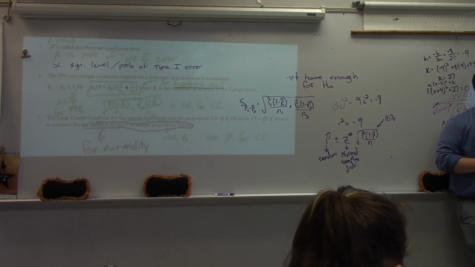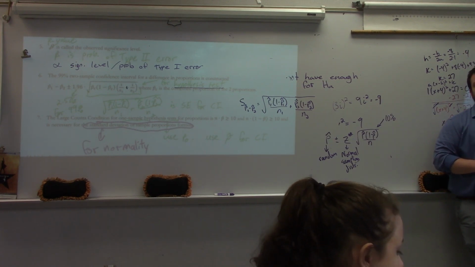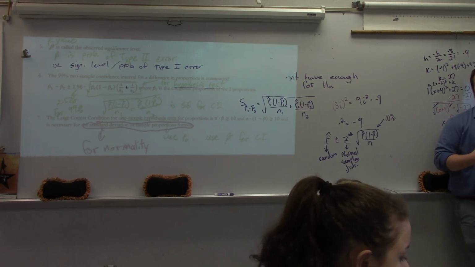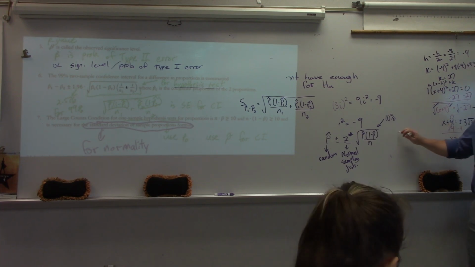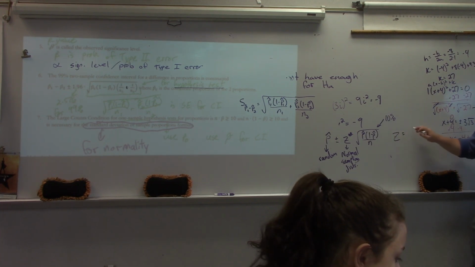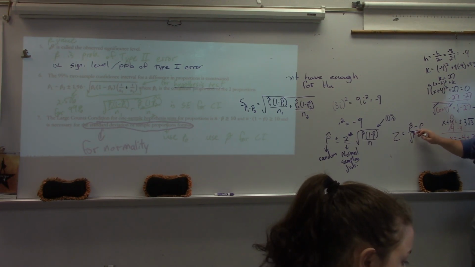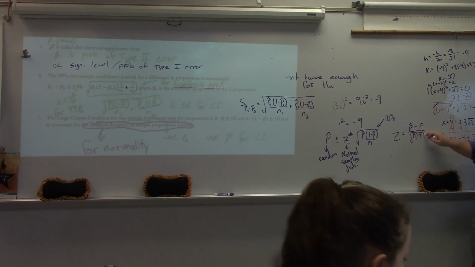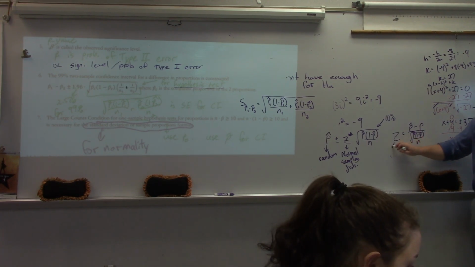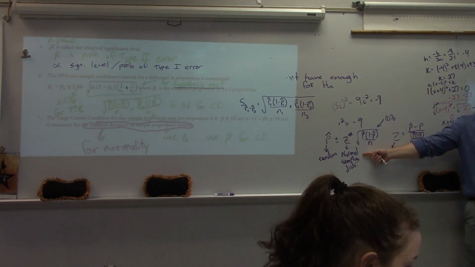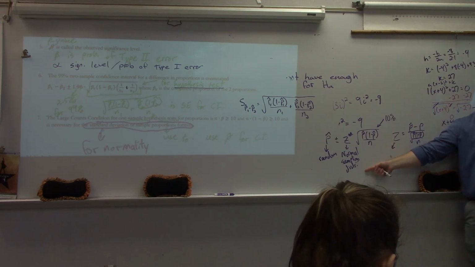So remember, every part of that confidence interval corresponds to some condition. Same thing with my hypothesis test. To use Z, we have to have what? Normality. A normal sampling distribution.